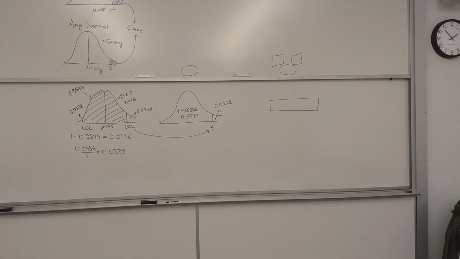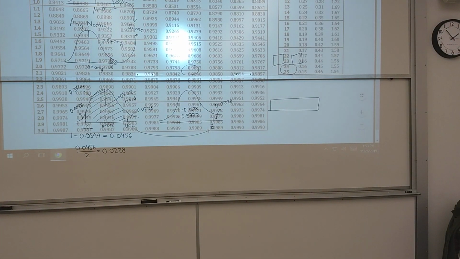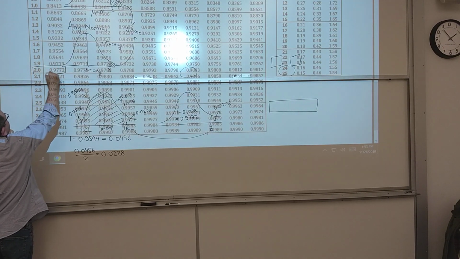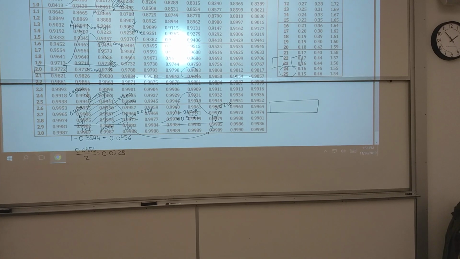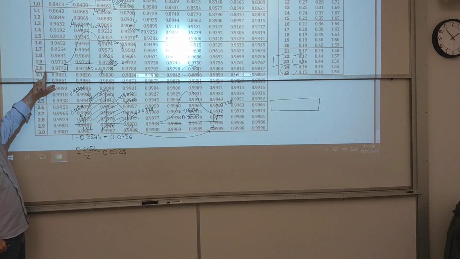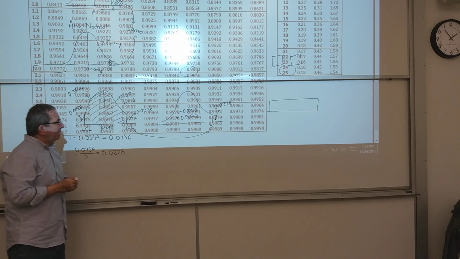Okay. So let's look up this value. Okay. So as you can see, it's here, 0.9772. Z equals 2.